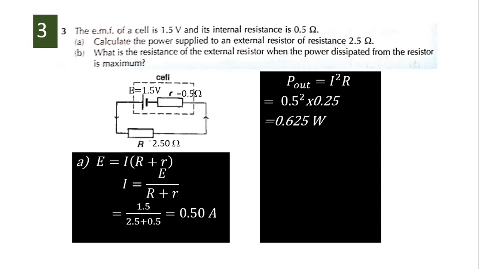What's the answer? 0.5. Good. This is memory work. You must know. When the external resistor equals the internal resistor, you have maximum power dissipated. Dissipated means lost, lost as heat.